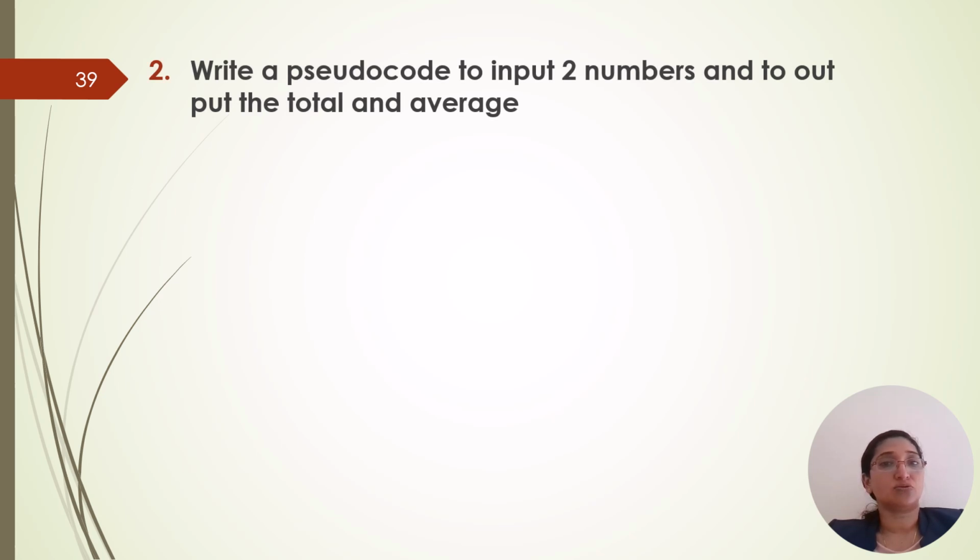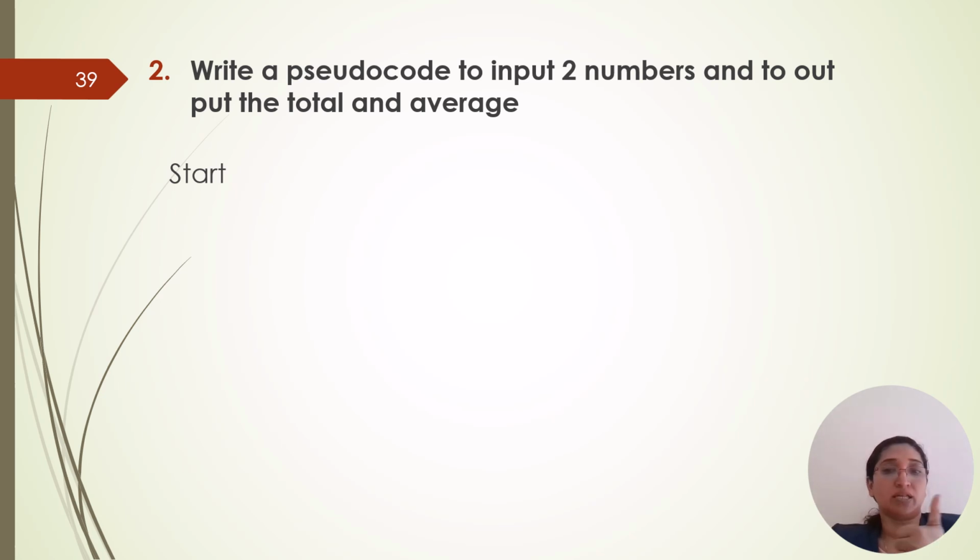Write a pseudocode to input two numbers and to output the total and the average. Begin the program. Either you can write the statement start or begin. Now, if you are defining the variables initially, what are the variables you need?